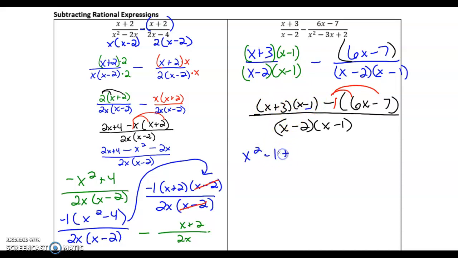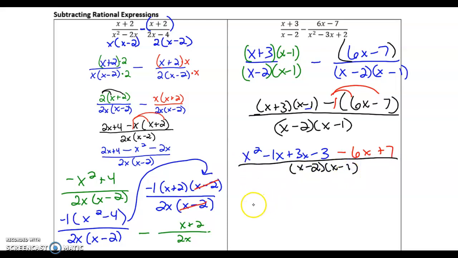I'll just write them out separate. -1x and positive 3x minus 3. Okay, and then distribute your -1. -6x plus 7. That plus 7 is where I see a lot of mistakes. So make sure you're taking that negative all the way through. All over x minus 2 times x minus 1.